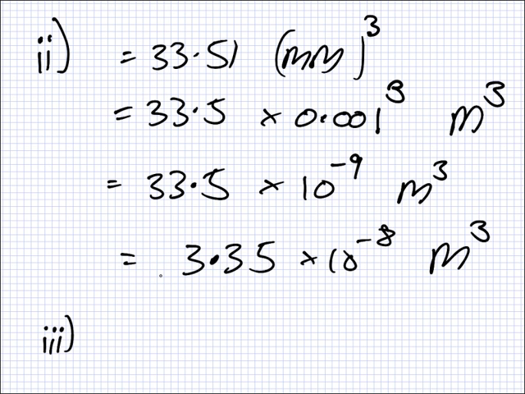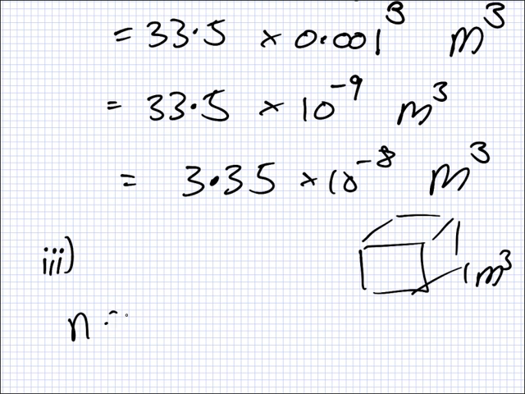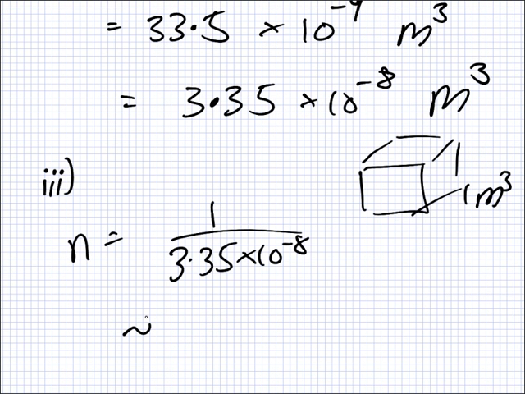Estimate how many ball bearings could fit in a container which has a volume of 1 cubic meter. So, if you have a box which is 1 meter cubed, how many? It'll be 1 divided by 3.35 times 10 to the minus 8. So what's that?